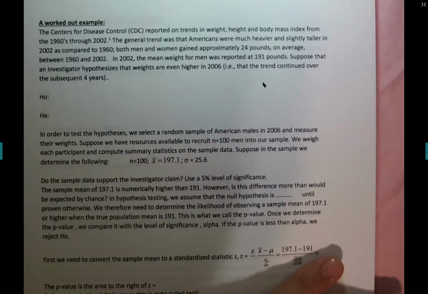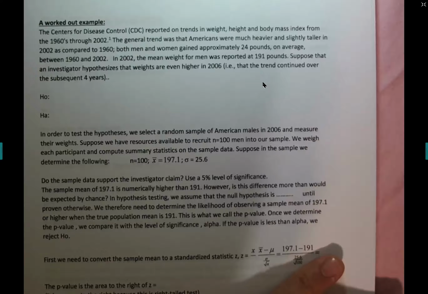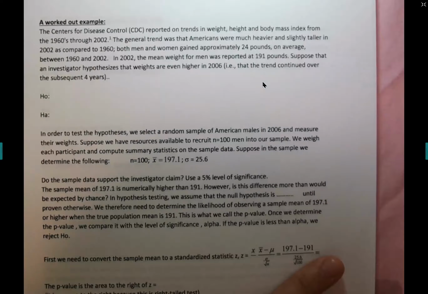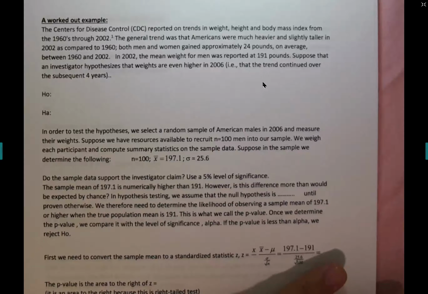In 2002, the mean weight for men was reported at 191 pounds. Suppose that an investigator hypothesizes that weights are even higher in 2006. That means the weight is even more than 191. So someone is making a claim, guys.